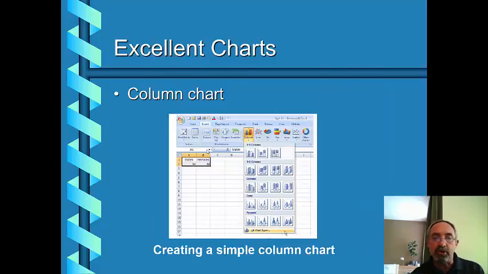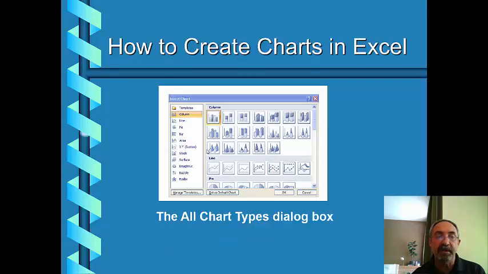So here's some excellent charts, right? Excellent charts from Excel. Here's an example of how you can create a simple column chart. Notice we have those two data points there, males, how many males there are, and how many females. And we can use our column chart there and simply plug that in, and it'll give us a variety of column charts to select from. So you can pick different types of shapes that you want to use if you want.